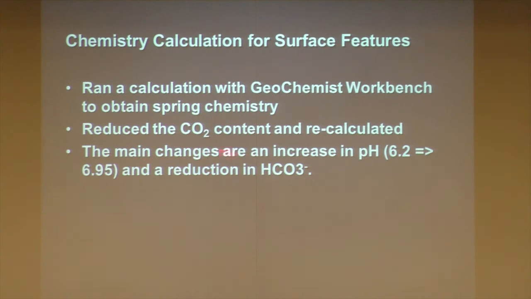And we found that the main changes were a change in pH, so we're getting slightly less acidic fluid, the pH changing from 6.2 to 6.95, and a reduction, as one might expect, in bicarbonate. So those are the two main changes that have been seen, and this change in pH is relatively small in comparison to the natural variability of pH in that spring.